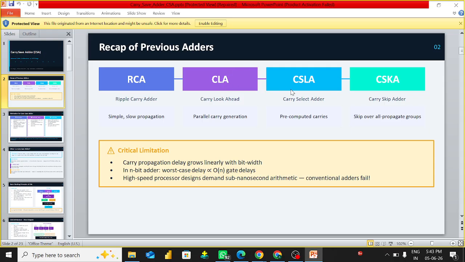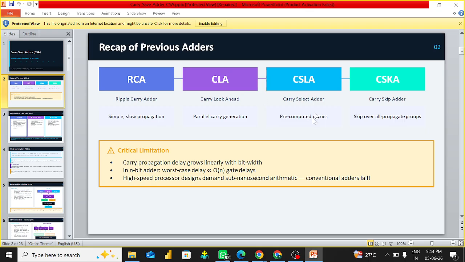Coming to the carry select adder, the delay that was somewhat improved by the carry look ahead adder has been further improved by the carry select adder. How? By dividing into groups and calculating the carry for both possibilities, zero and one.